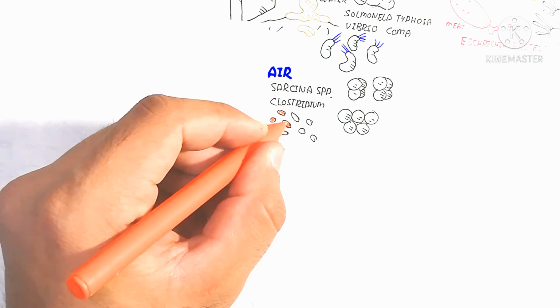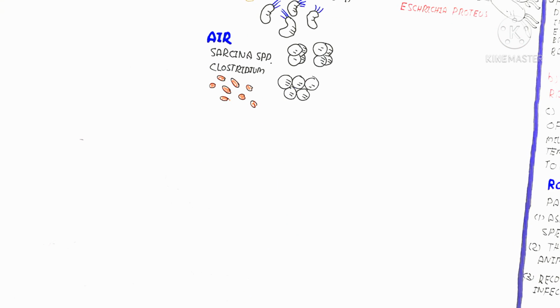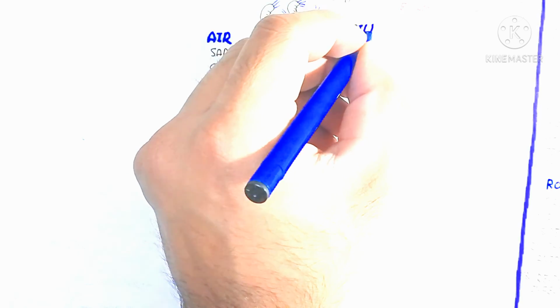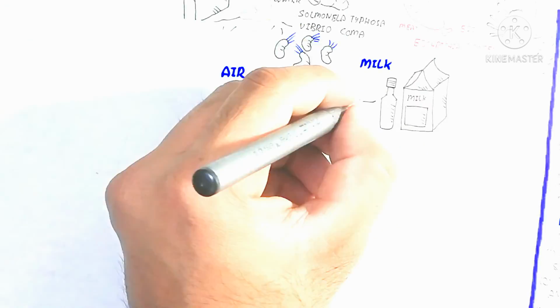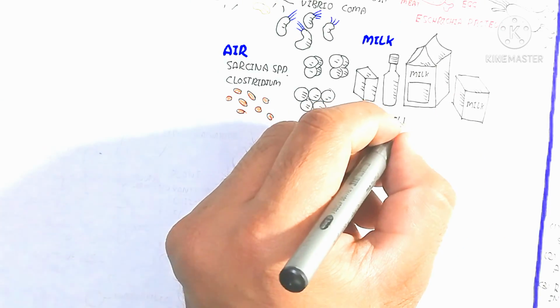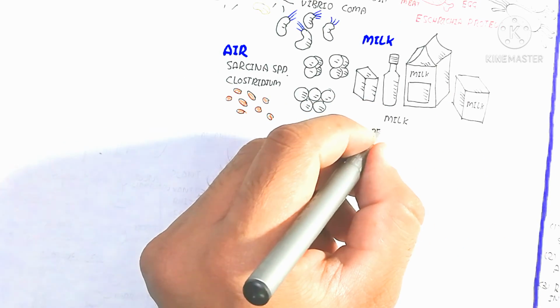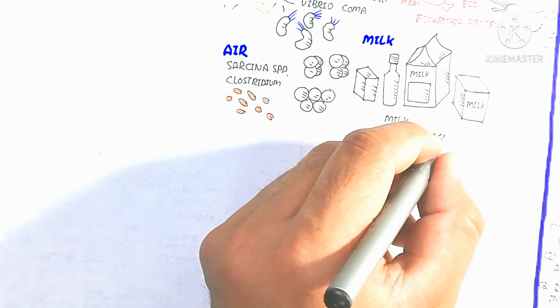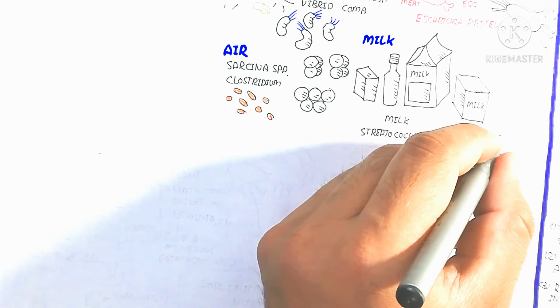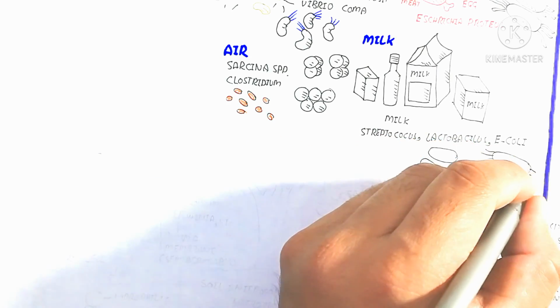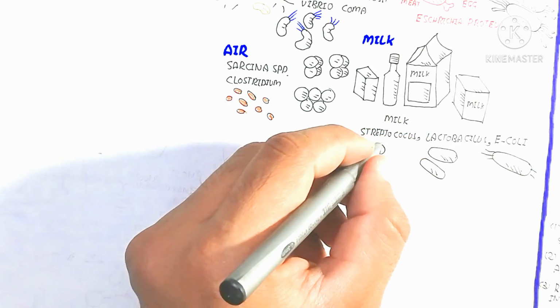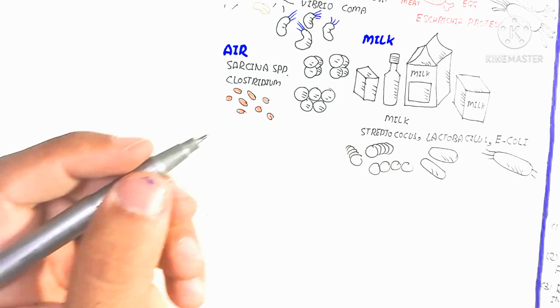On the other hand, bacteria are also present in milk, which include Streptococcus and Lactobacillus, while E. coli is also there. Lactobacillus produces lactic acid if we do not boil the milk, which spoils the milk and changes its quality. Conversion into yogurt is also done by Lactobacillus or E. coli.